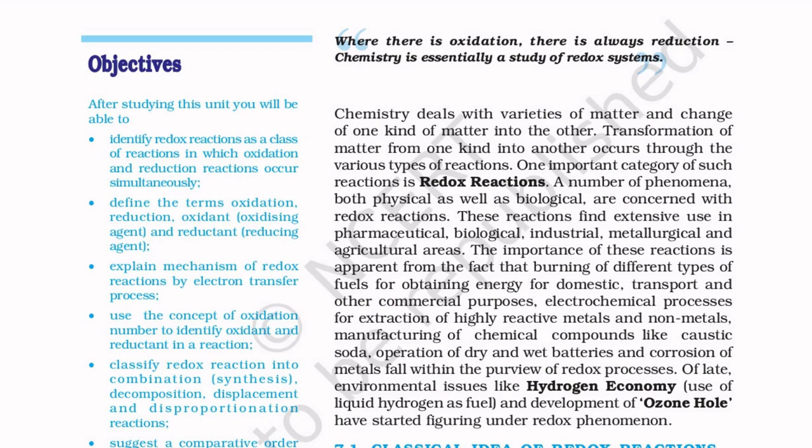2Mg(s) + O2(g) gives 2MgO(s), equation 7.1. S(s) + O2(g) gives SO2(g), equation 7.2.